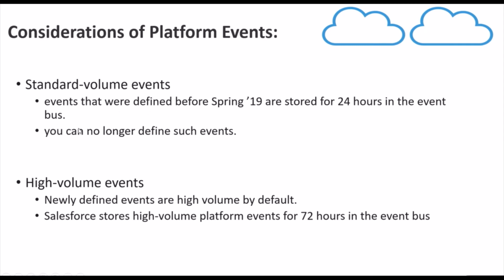But you can no longer define such events; after Spring 19 these types of events are deprecated. Now we have high volume events. The events defined after Spring 19 are high volume by default, and these events get stored in the event bus for 72 hours.